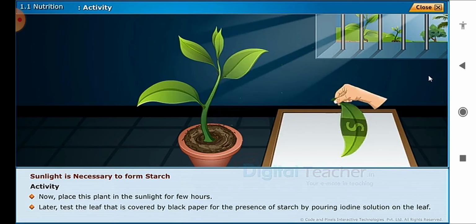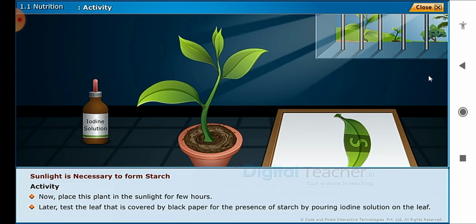Later, test the leaf that is covered by black paper for the presence of starch by pouring iodine solution on the leaf.